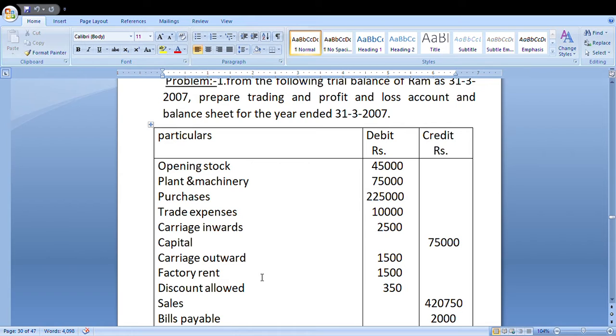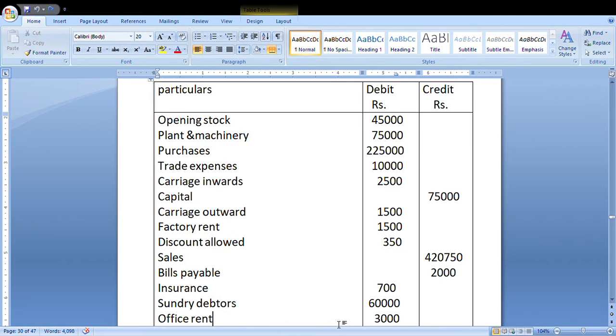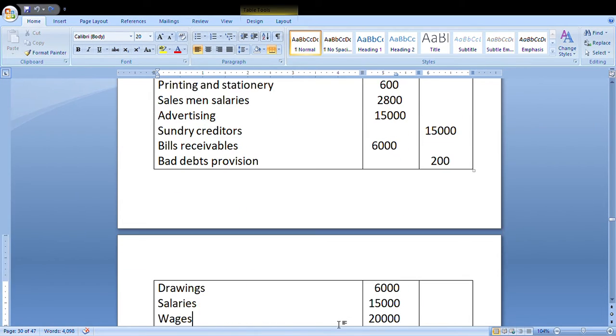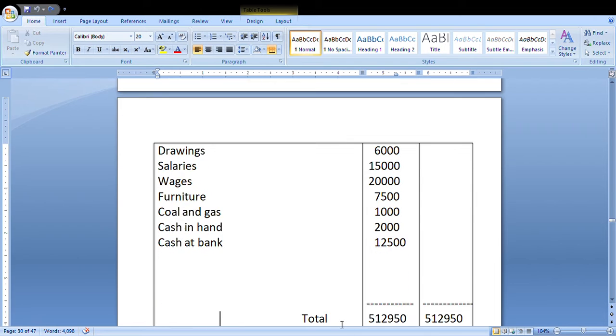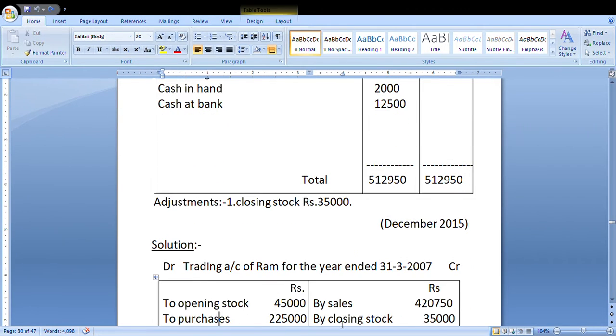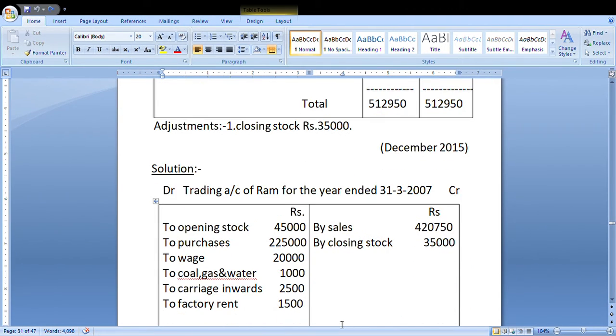Office rent you enter in the profit and loss account. Factory rent you enter in the trading account.